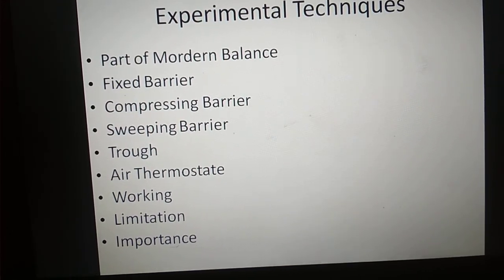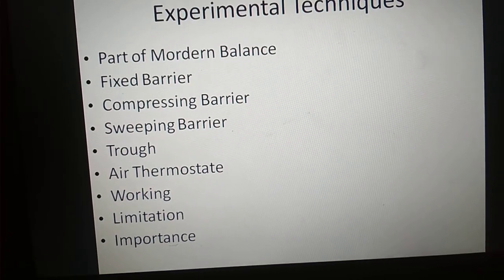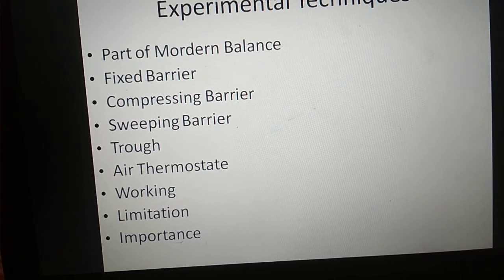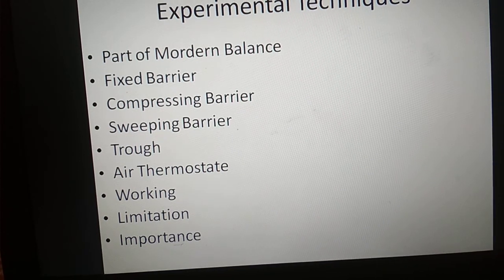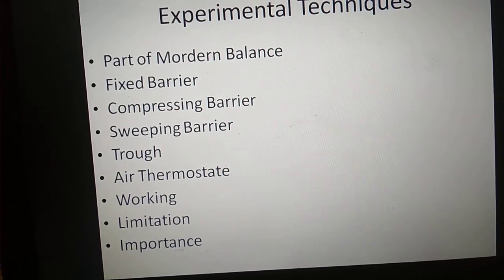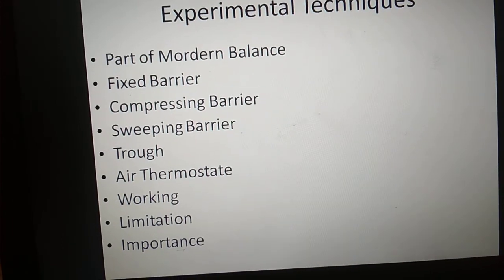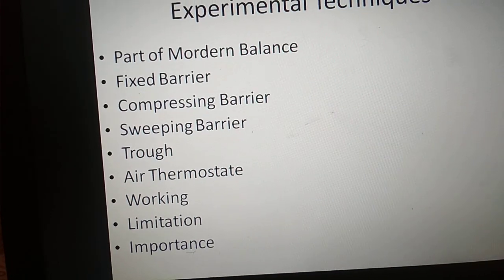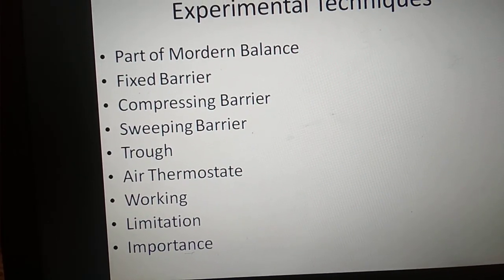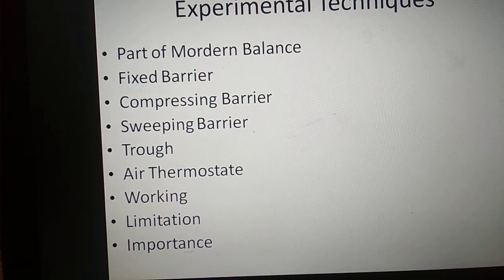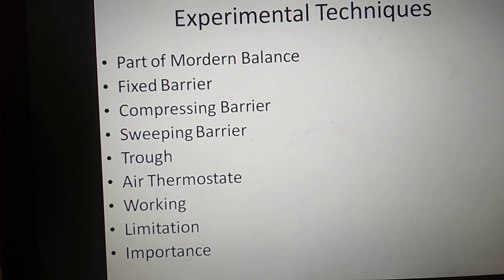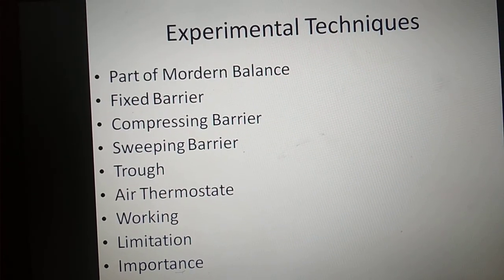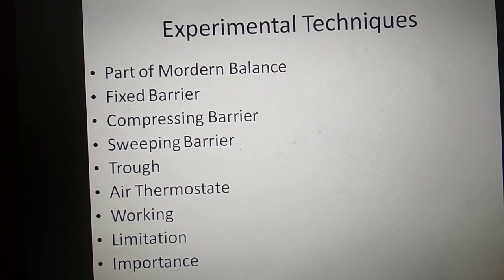It may be raised or lowered by means of a rack operated by a square drive rod. Fourth is the trough. It is 2 or 3 feet long and 1 foot wide, a shallow rectangular tray made of brass, stainless steel, glass or Teflon. A glass or metal tray must be coated with paraffin lacquer to ensure a high contact angle. Fifth is the air thermostat, required for precise work.